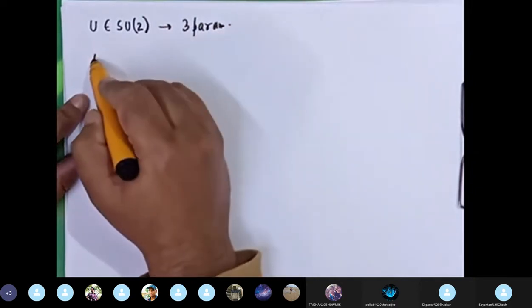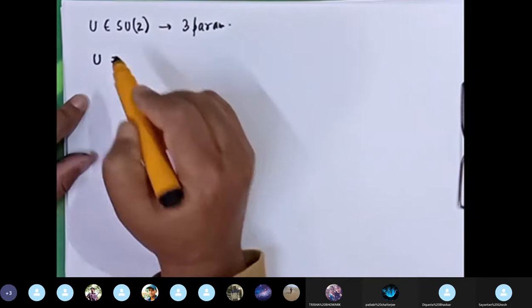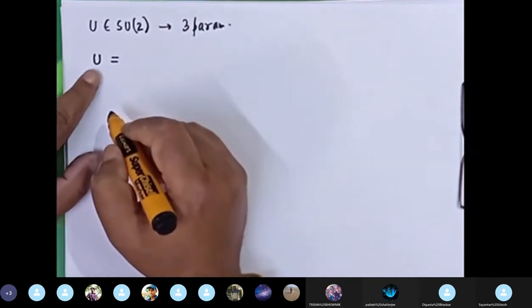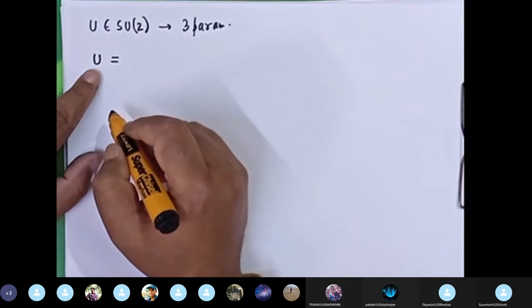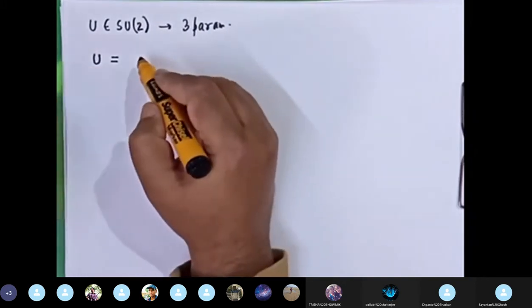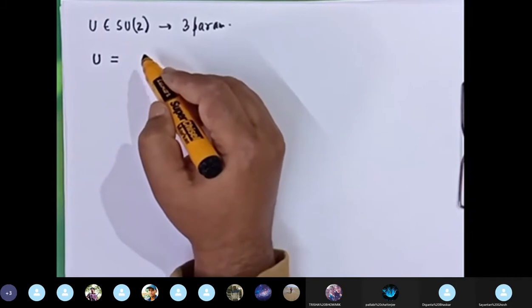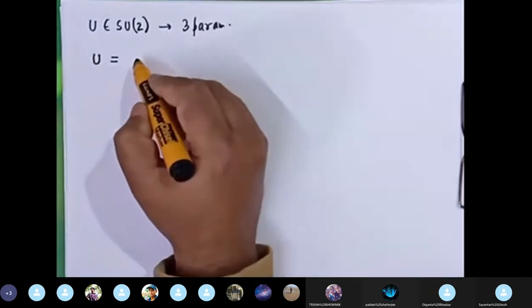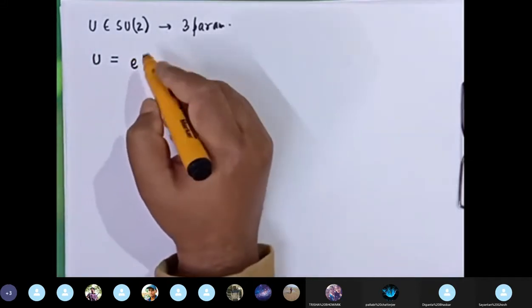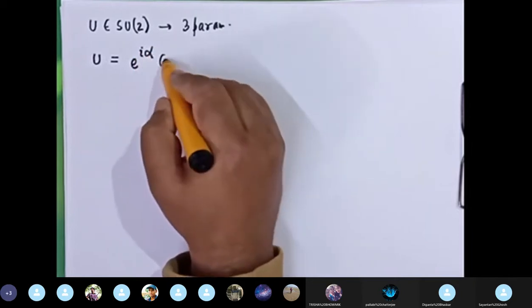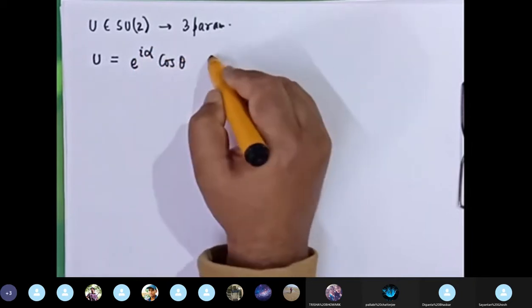So one way of parameterization of U, we have seen how a unitary matrix of order 2 cross 2 having determinant plus 1 can be written. If you remember, we have written that like e to the power I alpha cos theta, sin theta minus.